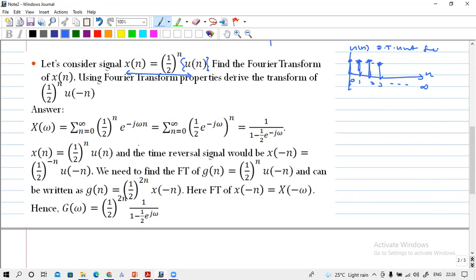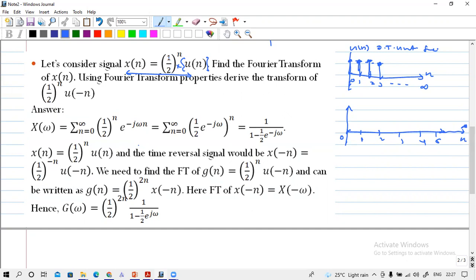If you multiply this (1/2)^n by the unit step function, you will get only these terms, from 0 to 1, 2, 3, 4, 5, and so on up to infinity. So n goes from 0 to plus infinity.